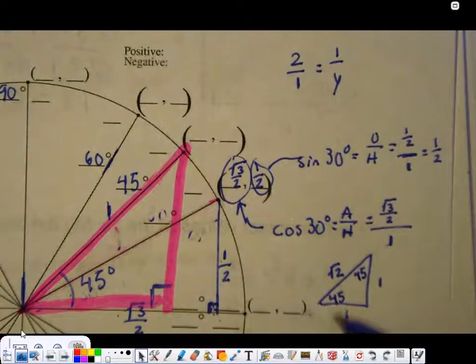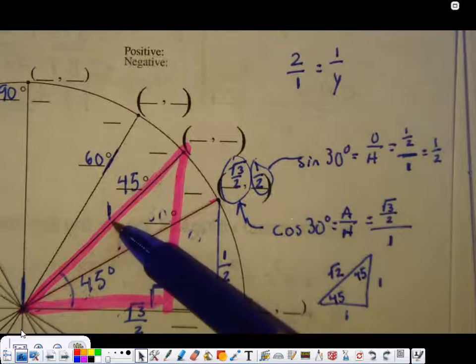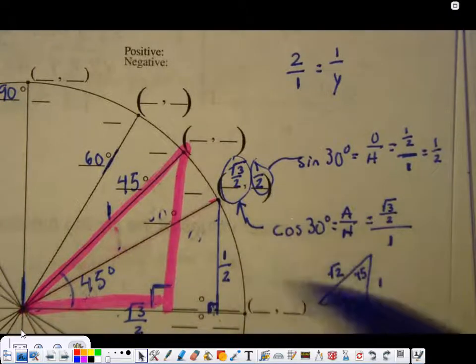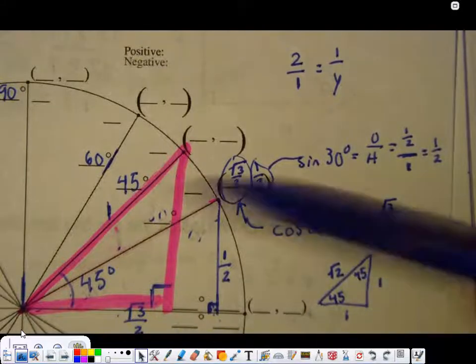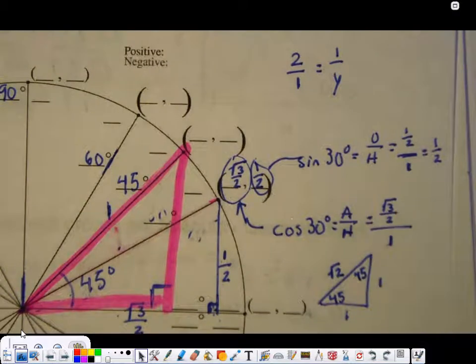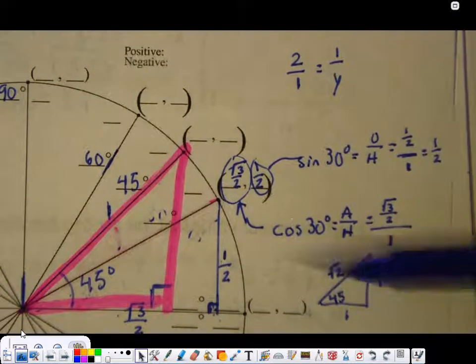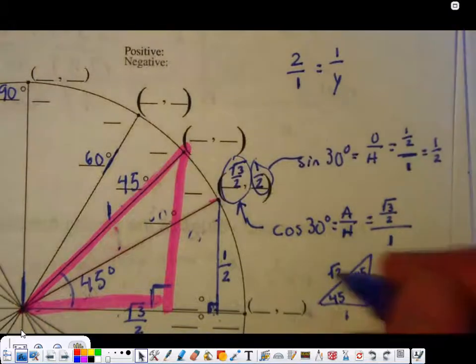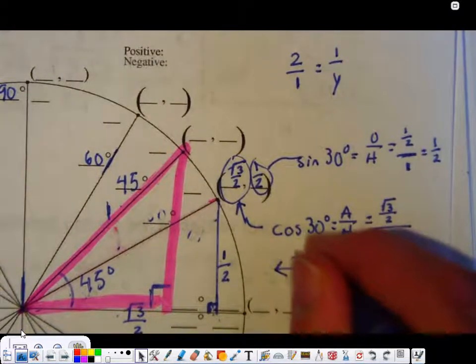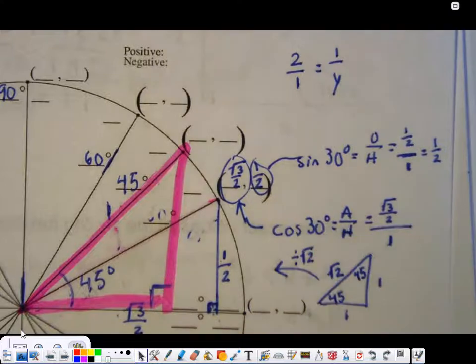Okay, but if you look at mine, mine has 1. It does not have square root of 2 for a hypotenuse. So what I'd have to do is divide everything by the square root of 2. Okay, to get from square root of 2, divide by square root of 2, you'd get 1. So to get from this one to mine, I need to divide every single side by the square root of 2.